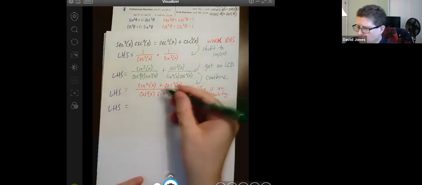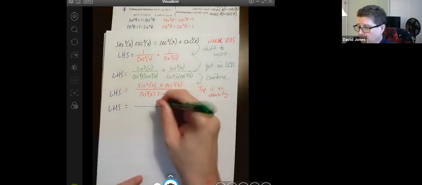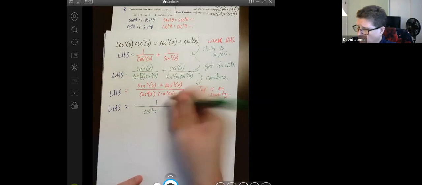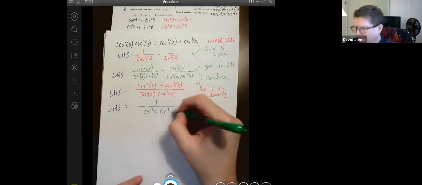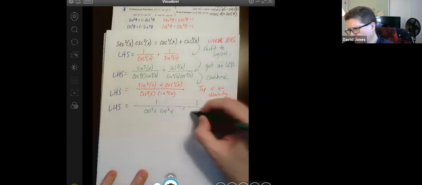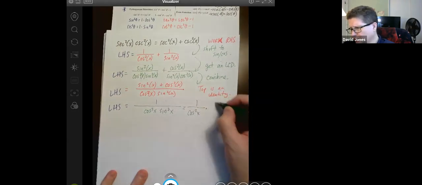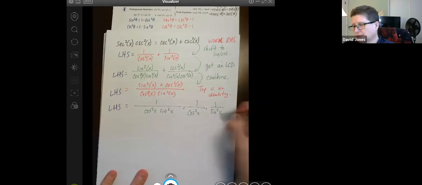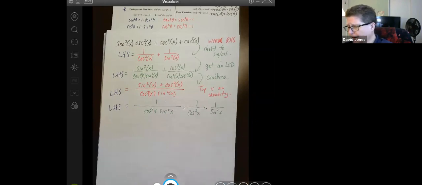The top, sine squared x plus cosine squared x, is 1. And I can write this as 1 times 1 over cosine squared x times 1 over sine squared x. I'm just breaking up the fraction.